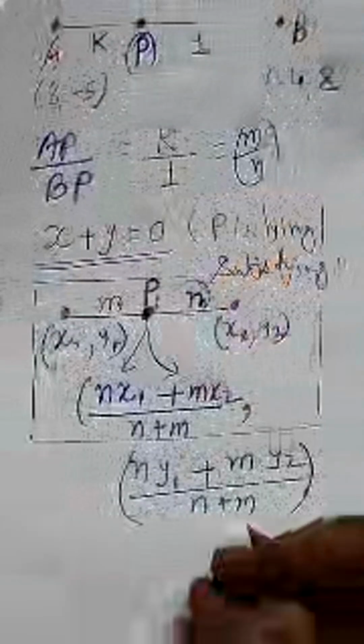Now simply solve it. In this question the coordinates of P are calculated using the same formula: n times x1. n is 1, so 1 times 3, because the first x1 is 3, plus m times x2, that means k times minus 4, divided by m plus n, so here it will be k plus 1.